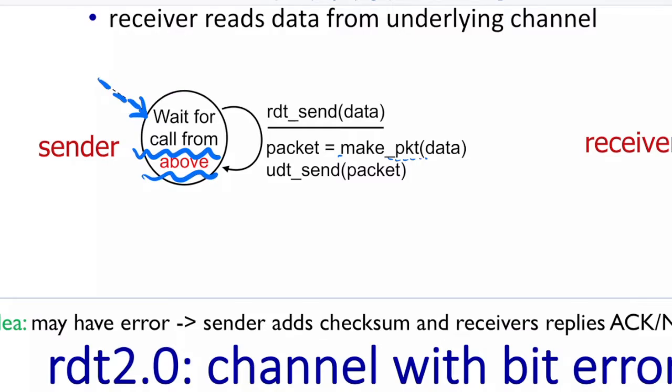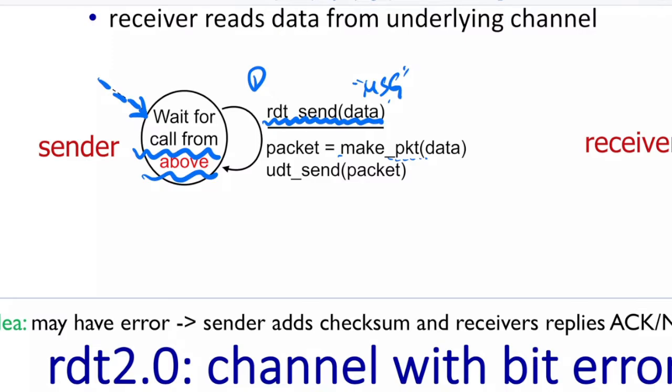Call from above means the upper layer sends a message to layer 4. The upper layer application calls rdt_send, and here is the message. That is the event you received.